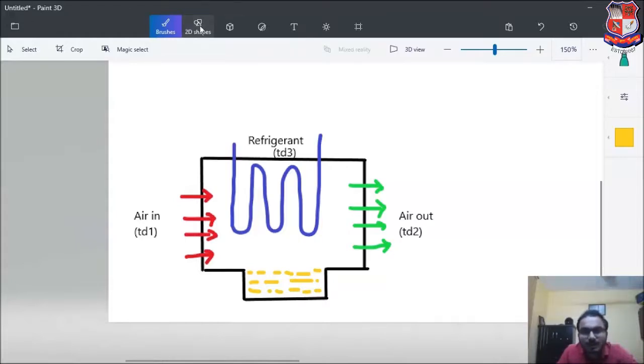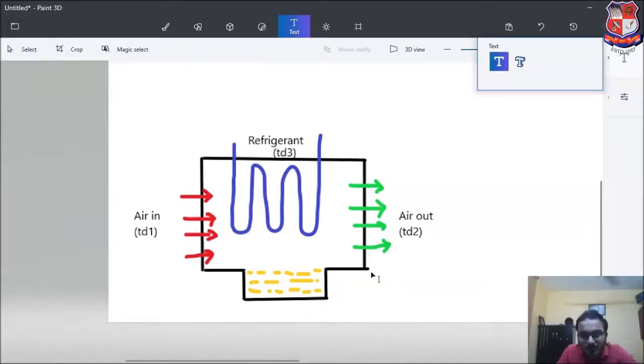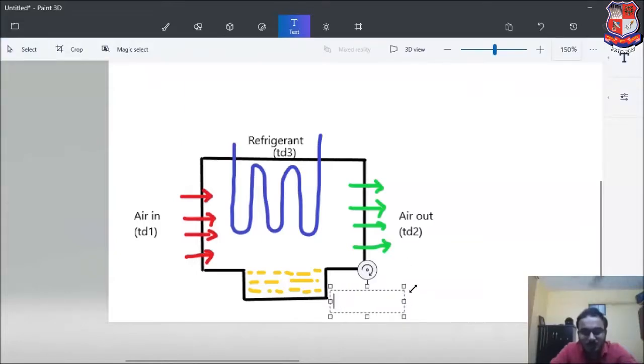So the yellow portion is called condensate. Okay, so this is the arrangement for cooling and dehumidification.